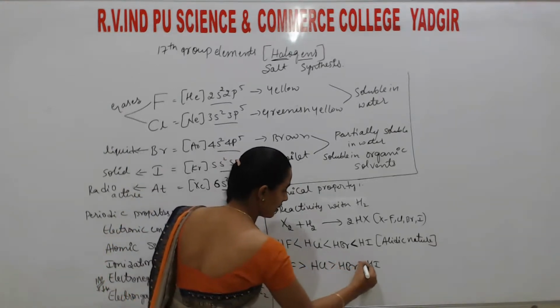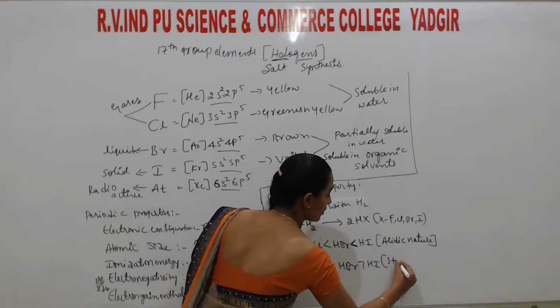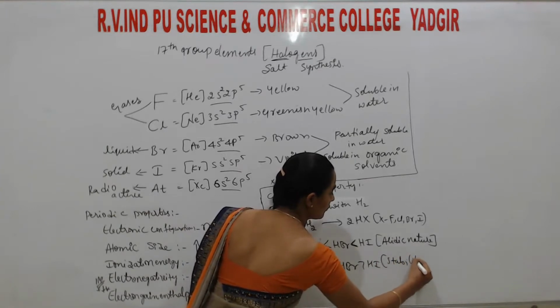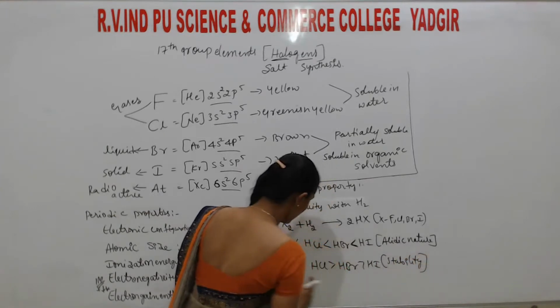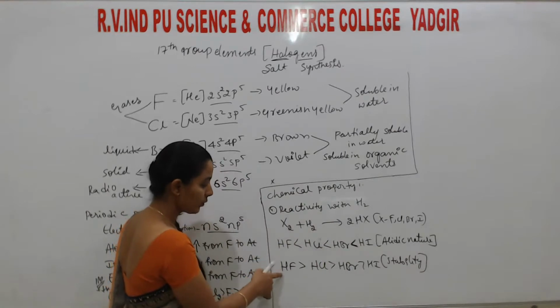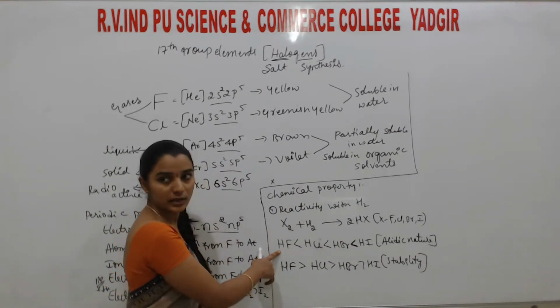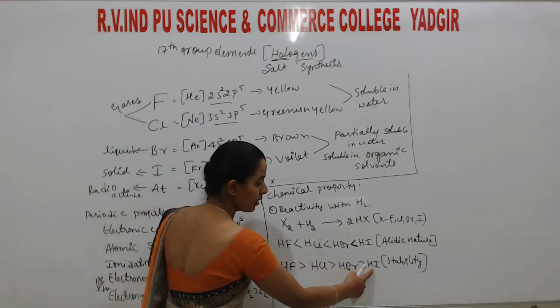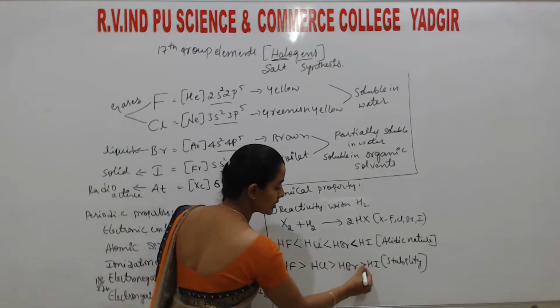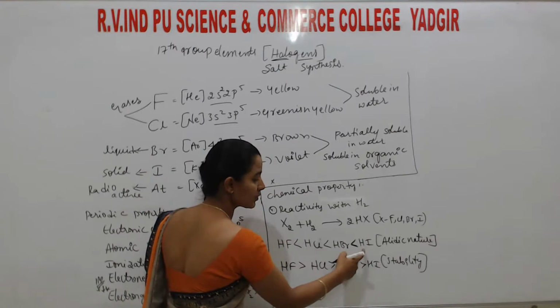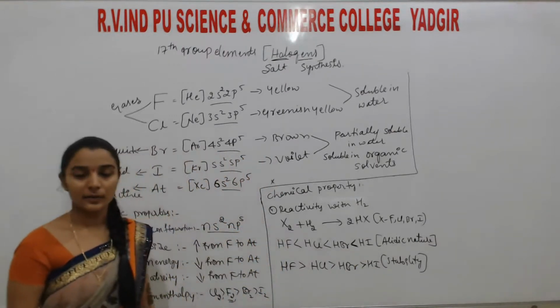So this is the stability order. Remember, don't confuse this. HF is more stable, that's why it won't give H plus ion, that's why it is less acidic. HI is less stable, so it easily dissociates H plus ion. That's why it is highly acidic.